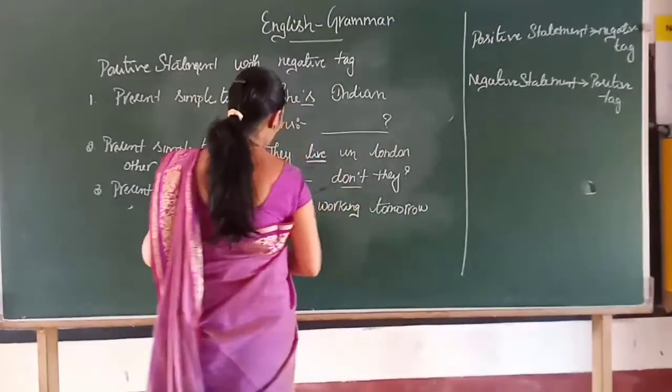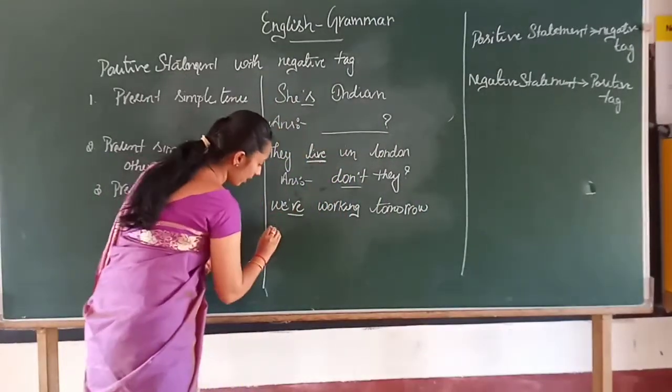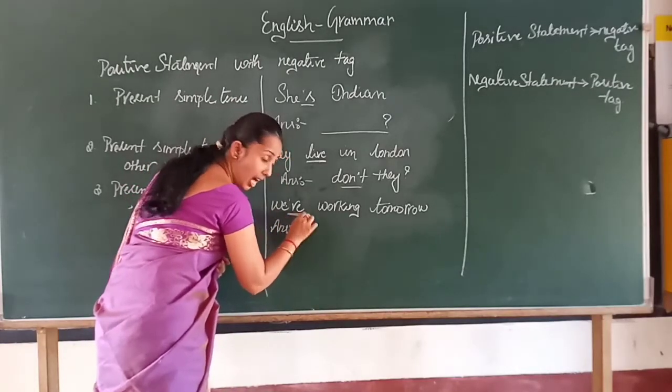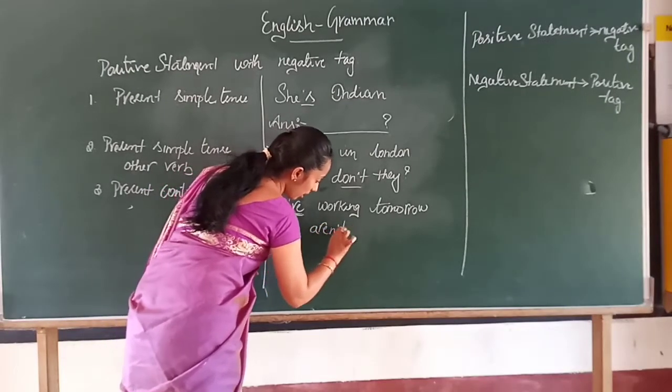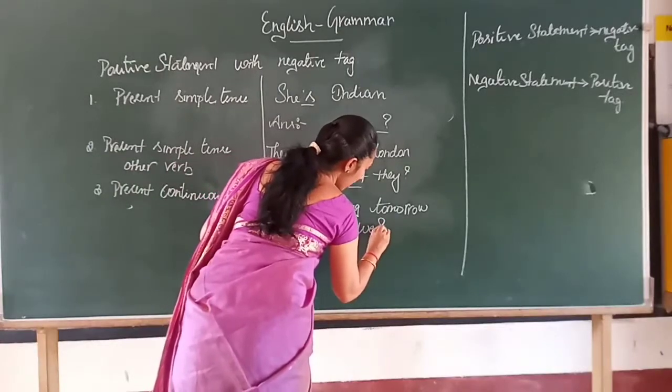So, what would be the tag here, children? Here "are" is there, then the answer is "are." This will become "aren't we." Question tag.